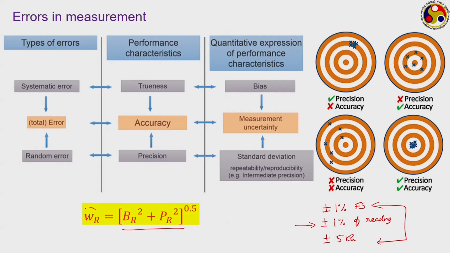There I intentionally mentioned the estimation of systematic errors, but I would like to correct that now. I intentionally did that just to avoid any kind of complexity. Actually, what we did there was the estimation of the total error. This W_R is the total error, not systematic or bias error or precision error separately. We actually estimated the total error present in the final calculation.